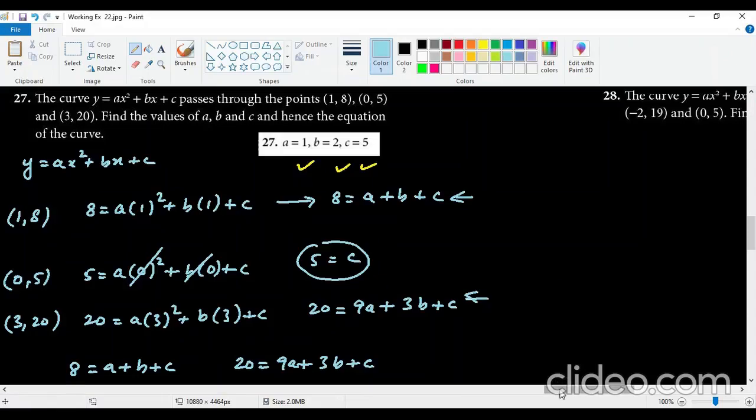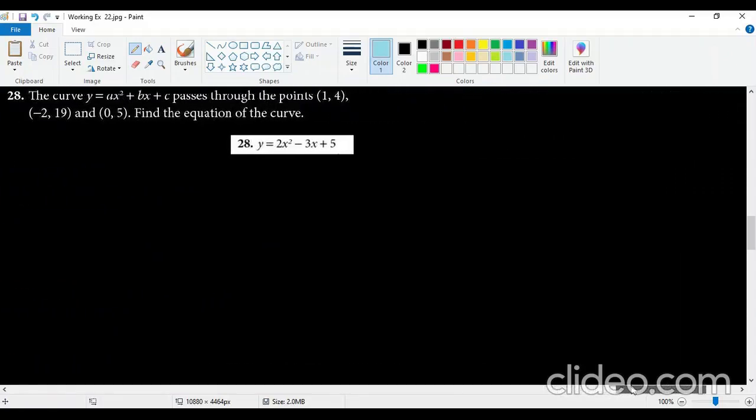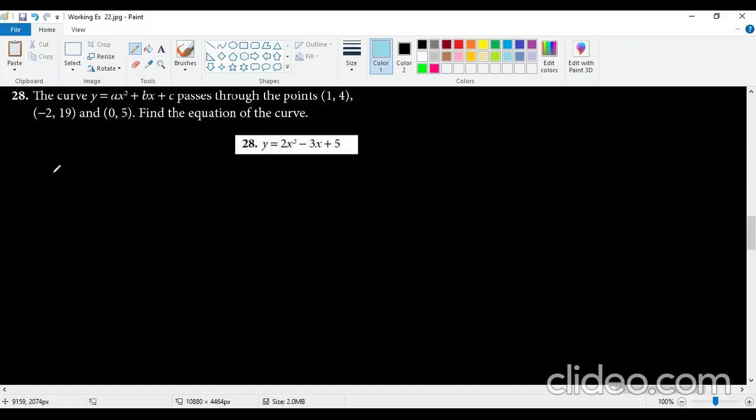Since we have found out the value of a, b, and c in question number 27, moving on to question number 28. In here, we do the same thing. We know these three points. We will find out the value of a, b, and c using these three points. So the first point I see is 1 and 4.